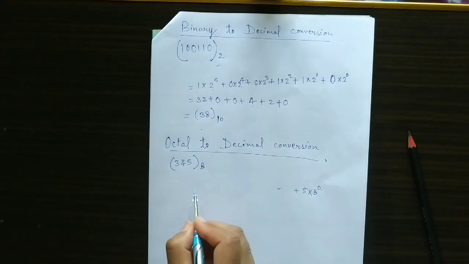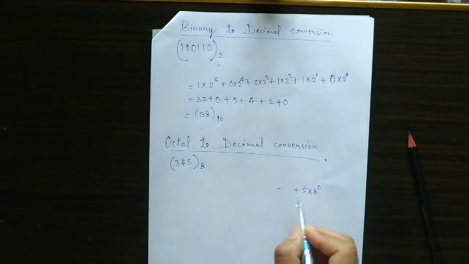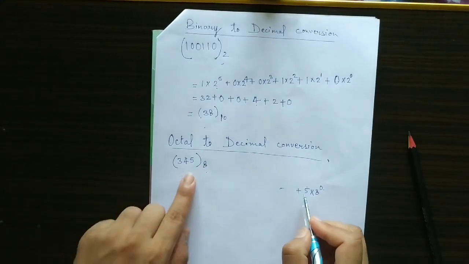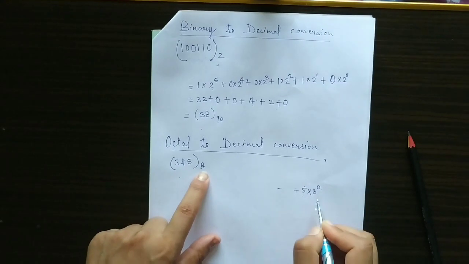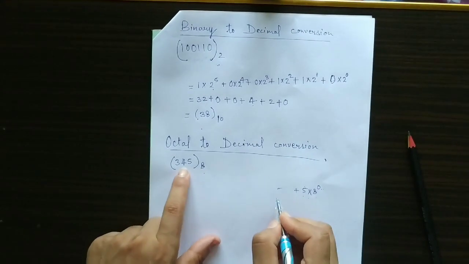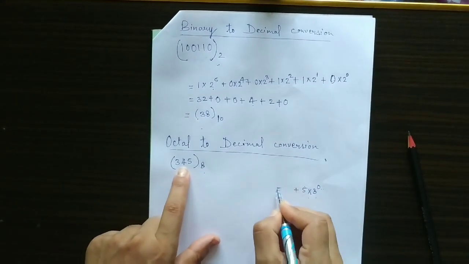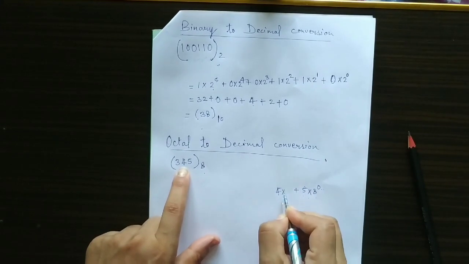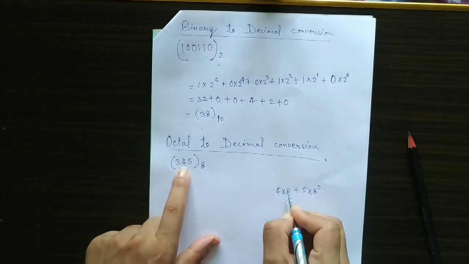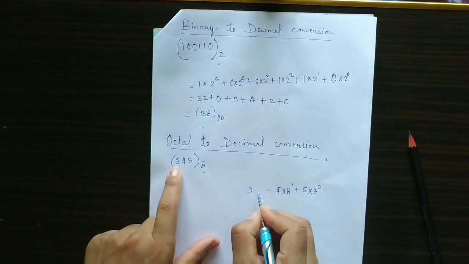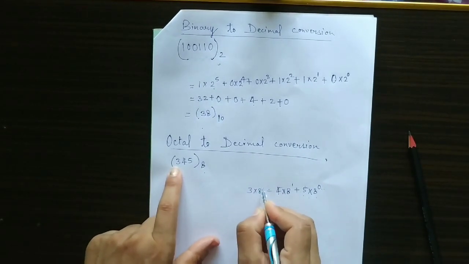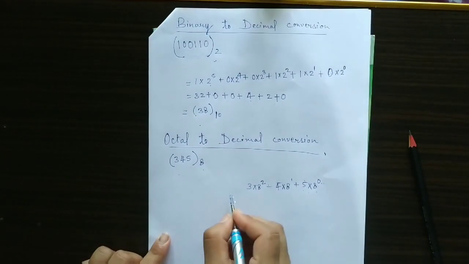To convert it, again I will write last digit into base to the power 0, then next digit 4 into 8 to the power 1, then 3 into 8 to the power 2.